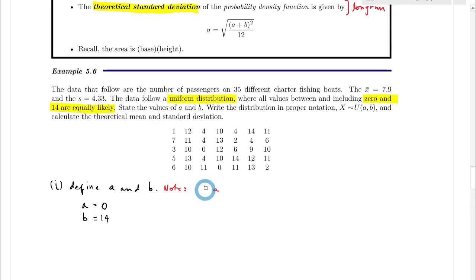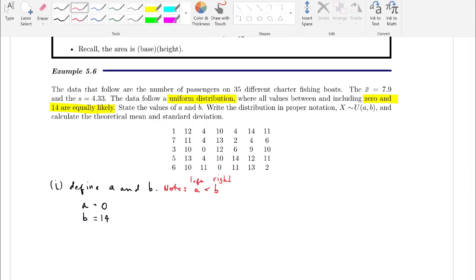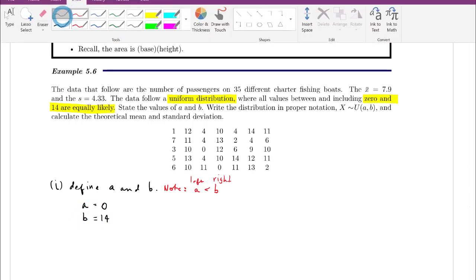So b is usually greater than a, or we could put that a is less than b. So it just means that a is the left endpoint and this is the right endpoint. So we always make a the smaller one and b the larger one. Okay, so that one's done.